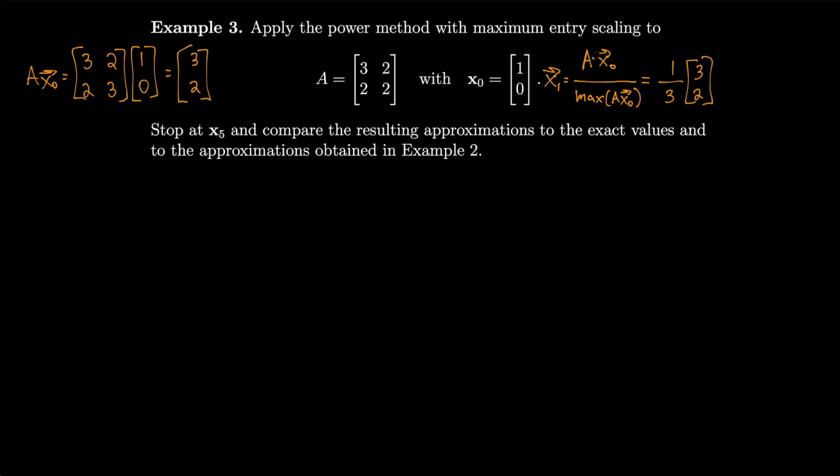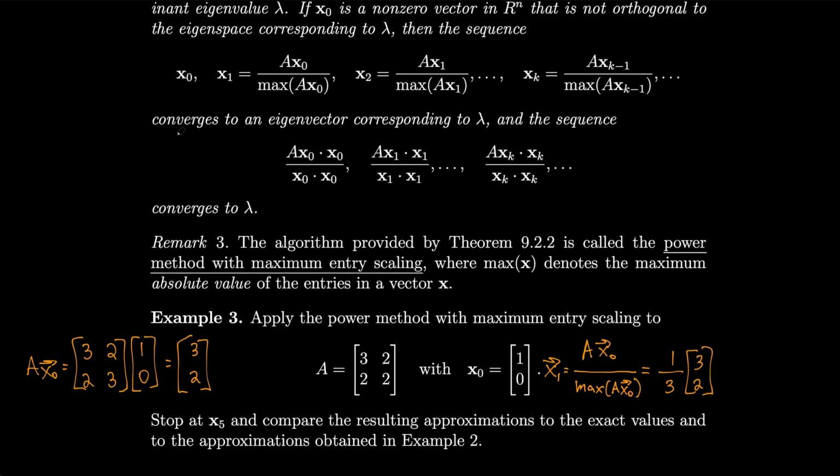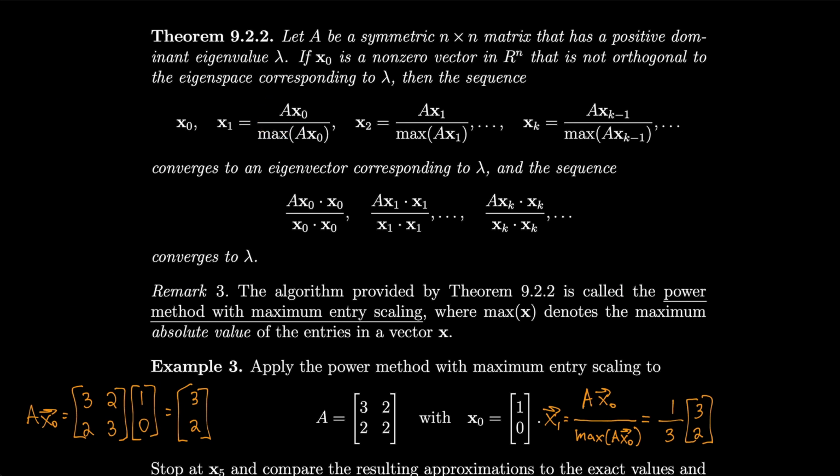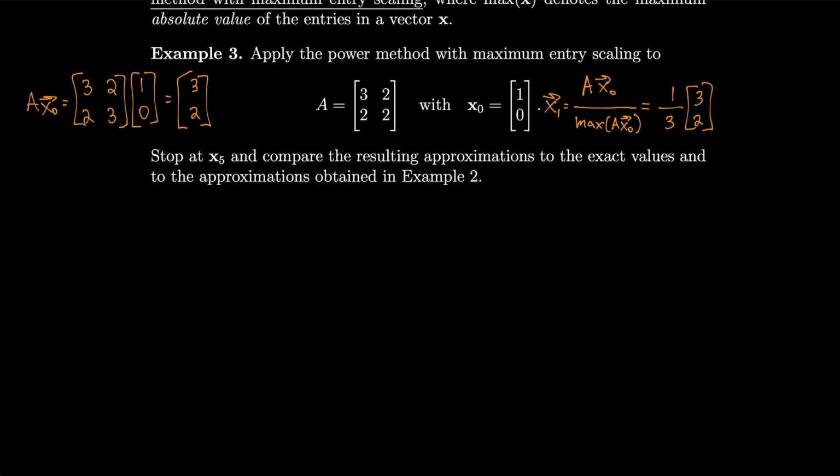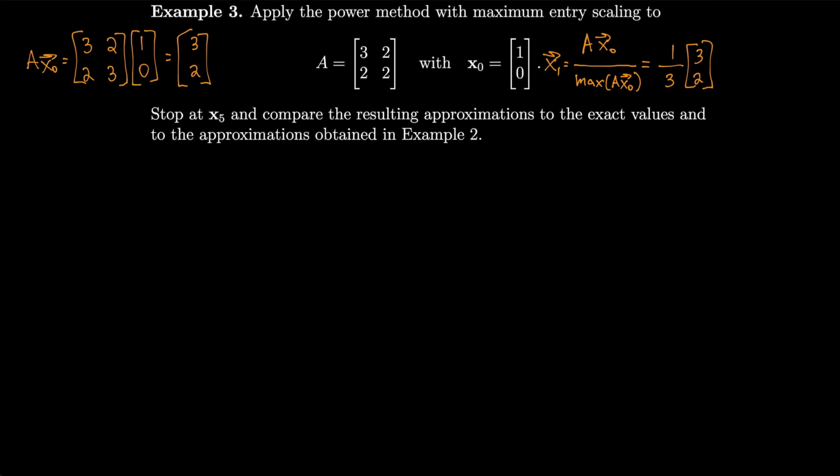Should be an A over here, right? Ax0 is [3, 2]. That's our algorithm. Okay, good. So multiplying that, we'll end up with about [1.00000, 0.66667]. So that's our x1.